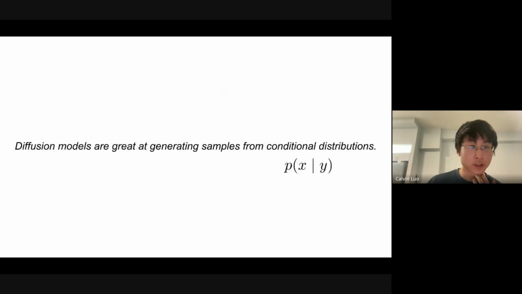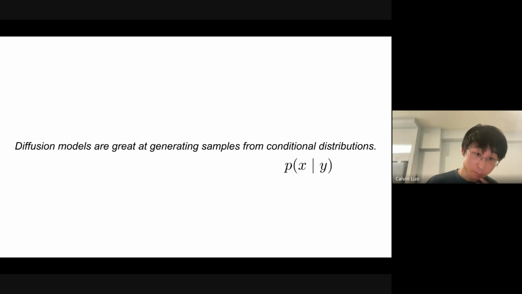So let's talk about diffusion models. I think this talk will be a bit long, but hopefully very comprehensive. We can start with a major takeaway, which is that diffusion models are really great at generating samples from conditional distributions, and we'll start working towards how we can get those conditional samples, p(x|y), for very interesting cases.